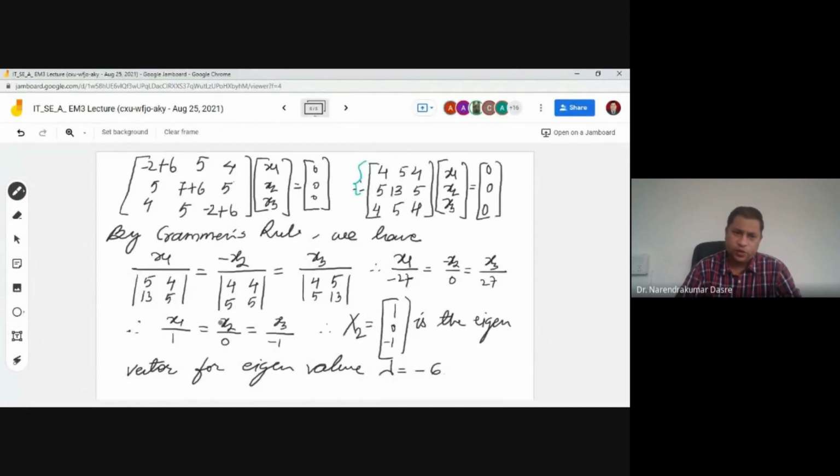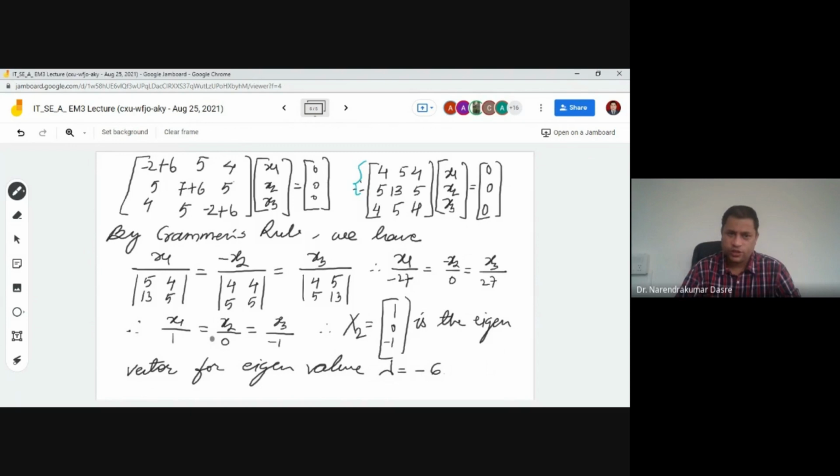Here we have to be careful that this x2 is not divided by 0. Otherwise you will think that x2 is divided by 0 and then it is going to be infinity. No, x2 is not divided by 0. These 1, 0, minus 1 are the direction ratios of the line.